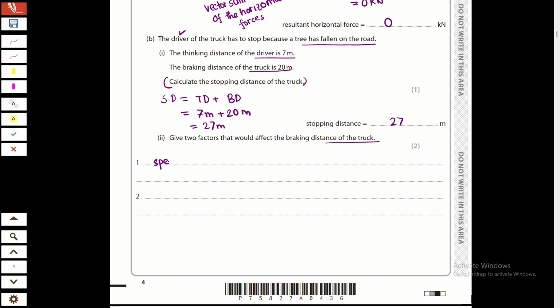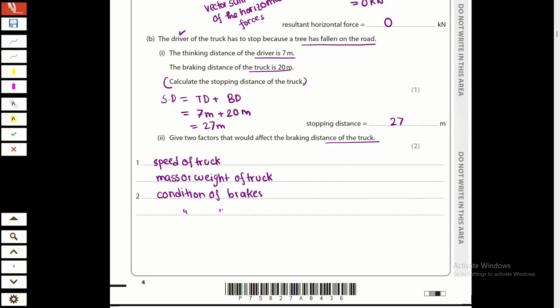So the first one is the speed of the truck. Second one is the mass or weight of the truck. The third one is condition of brakes.